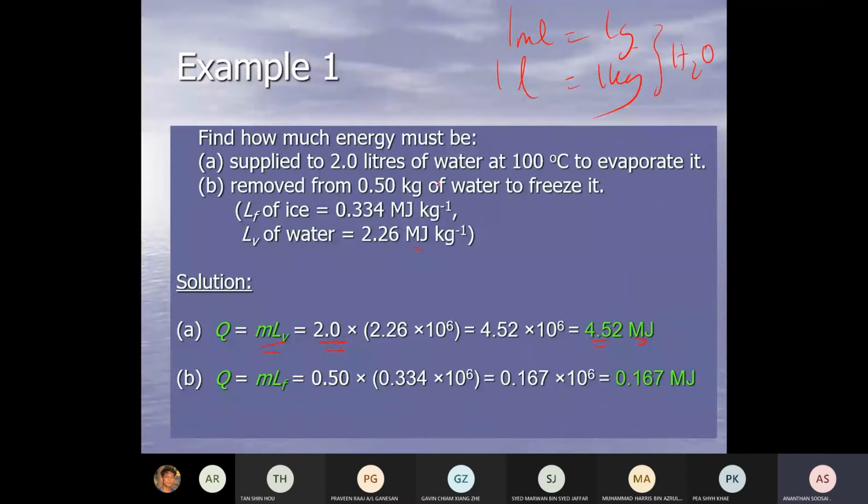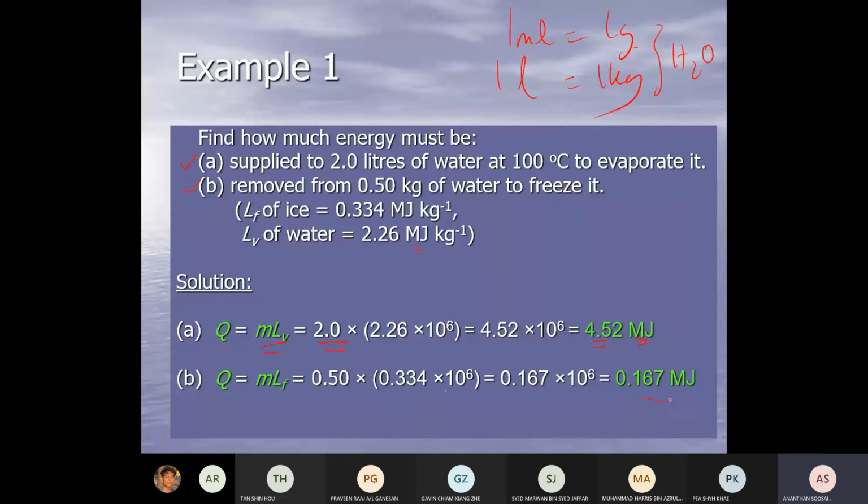Okay, so this is latent heat of vaporization. B, how much energy must be removed from 0.5 kilogram of water to freeze it? Okay, you want to freeze 0.5 kilogram of water, so use latent heat of fusion. 0.5 times the latent heat of fusion.